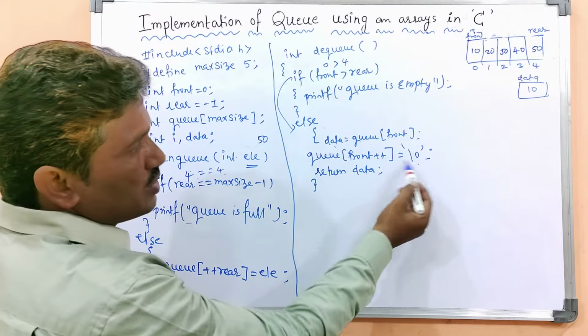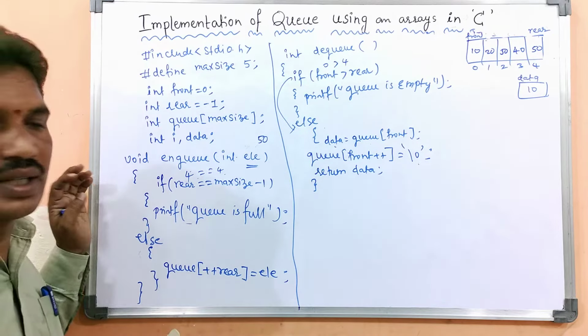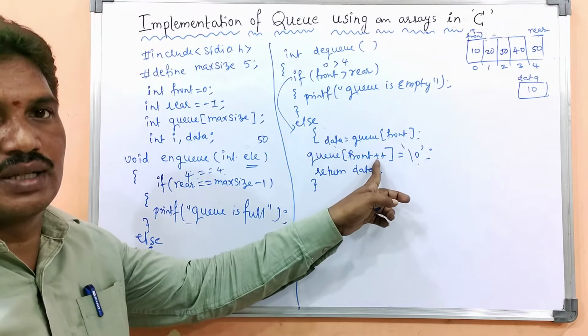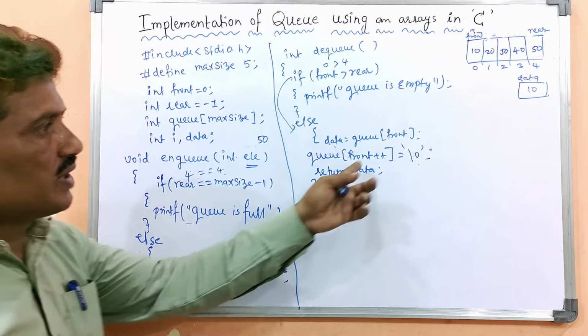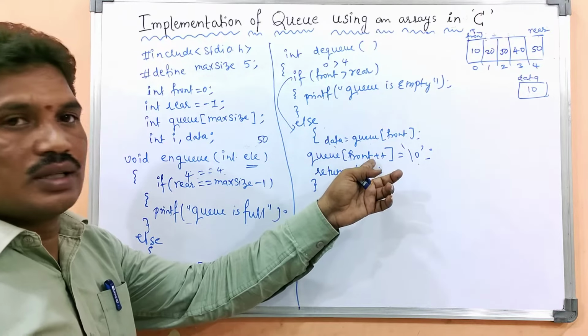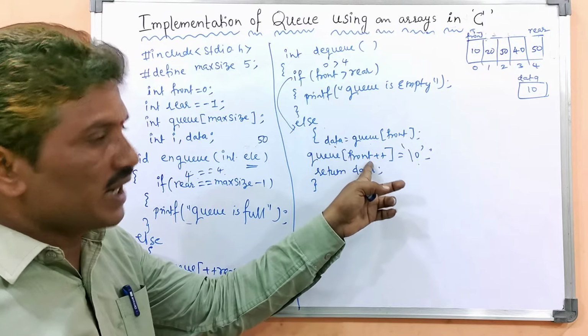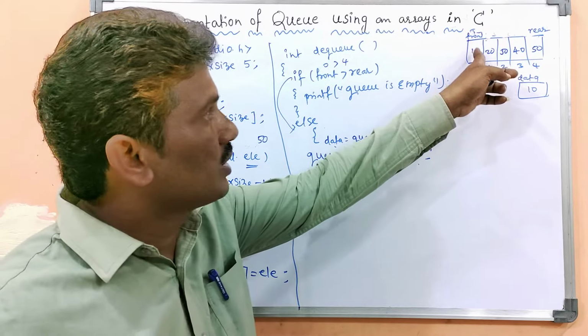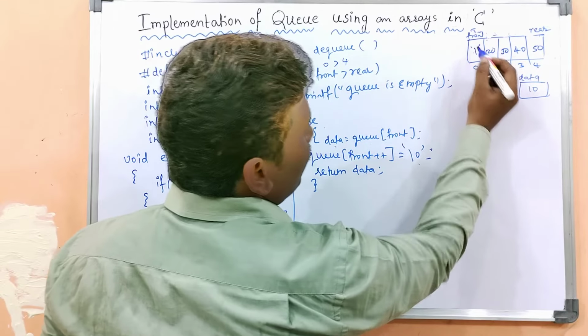Okay. The queue of front plus. First this value is assigned to the queue of front. After that the front value is incremented by 1. This is called a post-fix expression. Post increment, not pre-increment. After the expression is evaluated, first the value is assigned to the queue of front, which is null.